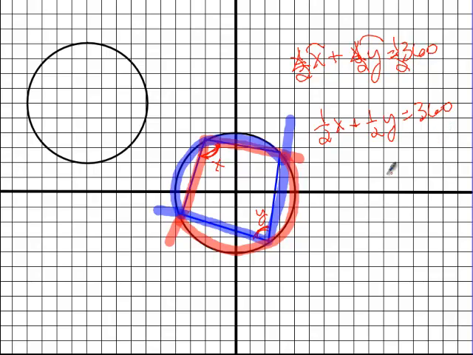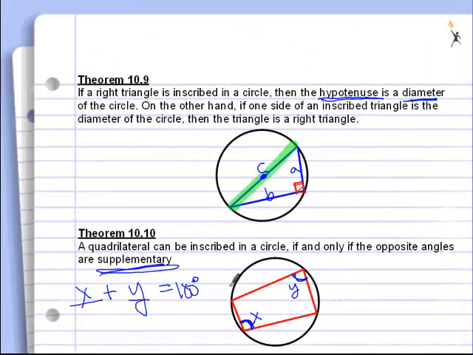Well, that means that x and y would only add up to, if we take 1/2 of everything, 180 degrees, which by definition is supplementary. So, if you draw a quadrilateral inside of a circle, just know opposite angles are supplementary.